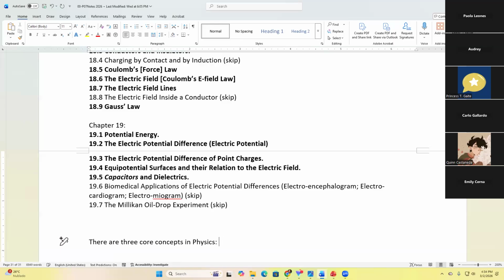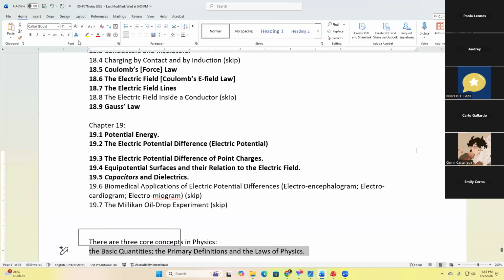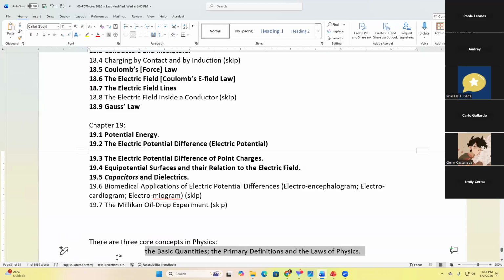The basic quantities, the primary definitions, and the laws of physics. That's how physics is put together.